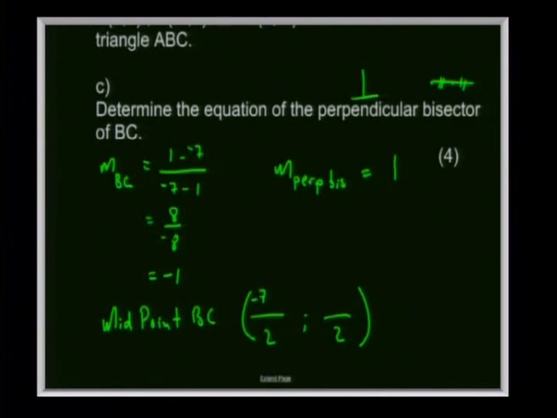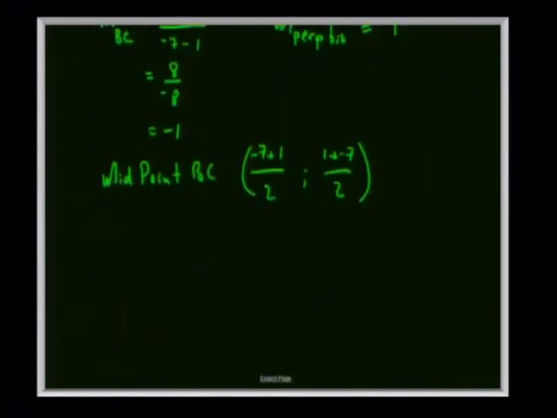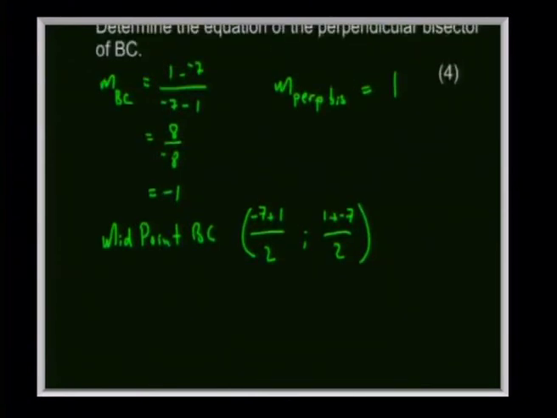B is -7, the x value, and C is 1. And B, the y value, will be 1, and C, the y value, will be -7. So the midpoint will be -6/2, which gives us -3, and it will give us -6/2, which is -3. Quite ironic that it's a point that lies on the line y equals x.